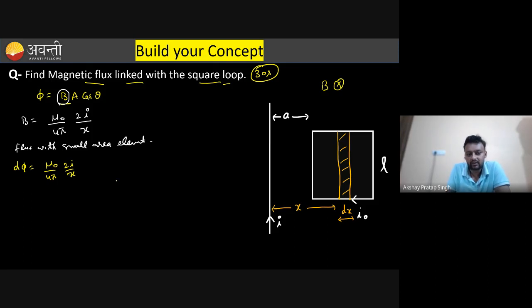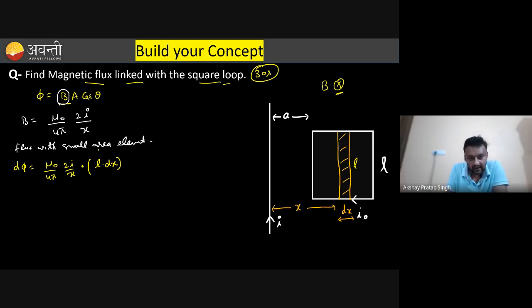What is the area of this small element? You can see that the length of this small element is L, the width is dx. So this rectangular area is L dx. The magnetic field is in the z direction and the area is in the xy plane, which means its area vector is also in the z direction. So there is no angle consideration, the angle is 0.